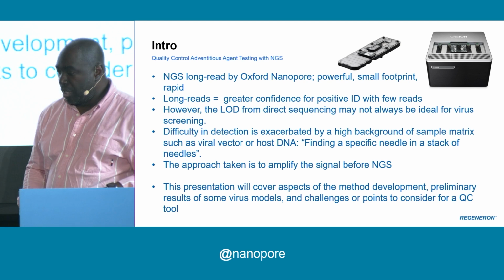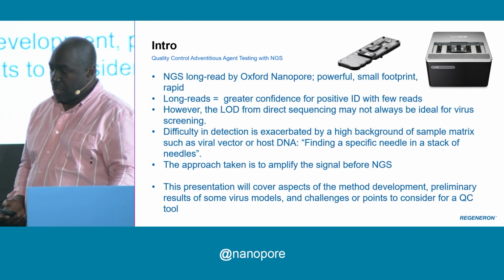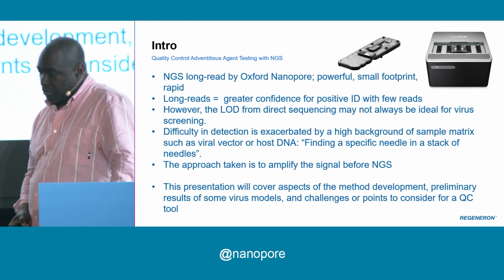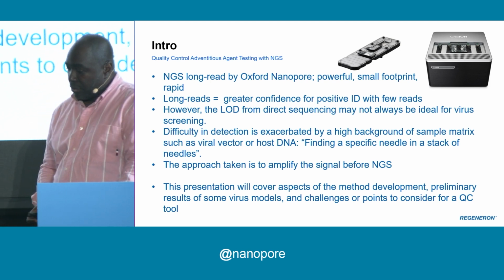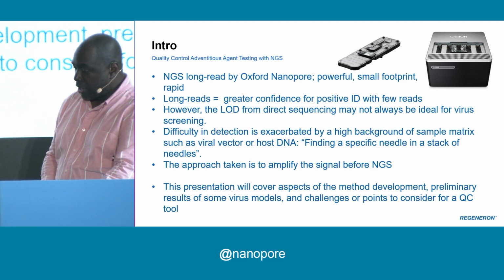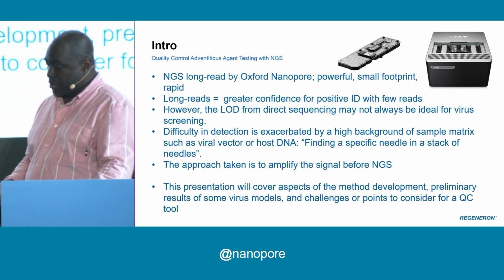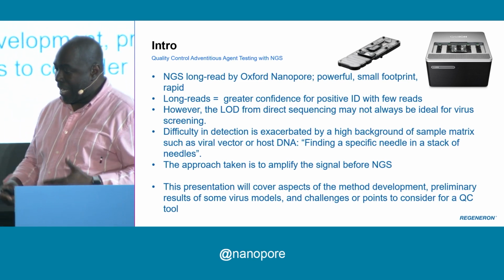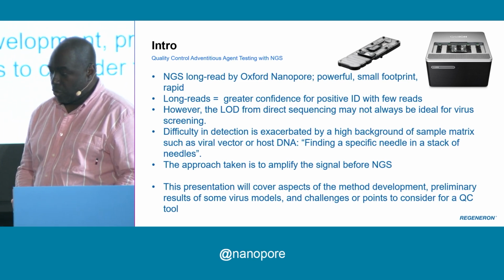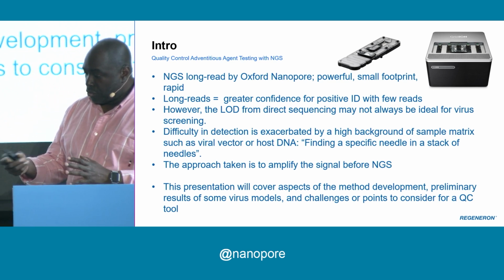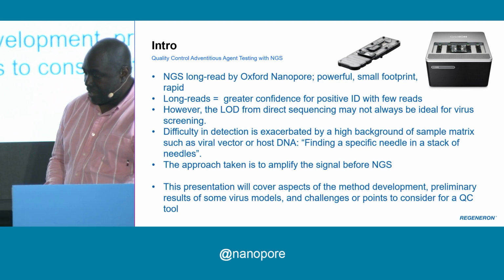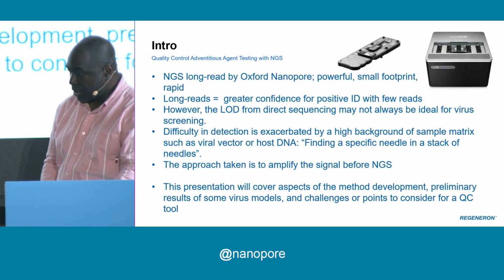So that's why we went for this, and we started developing this. There were some difficulties with detection in high background matrix samples, and we're going to go through all these aspects of this development.